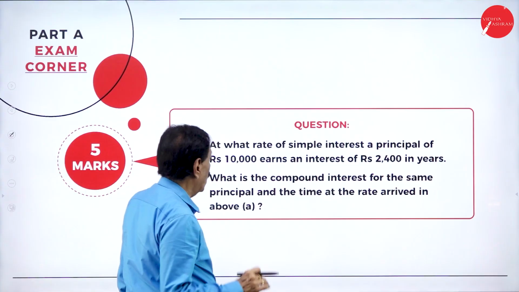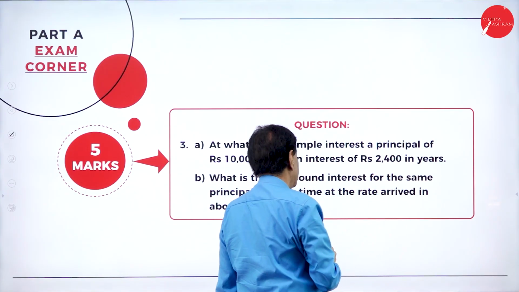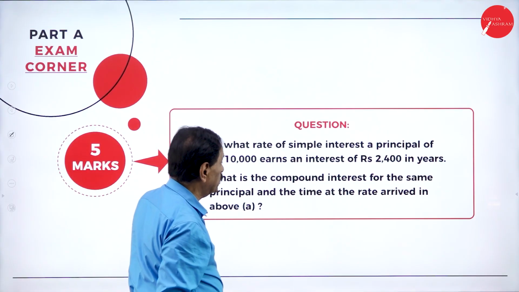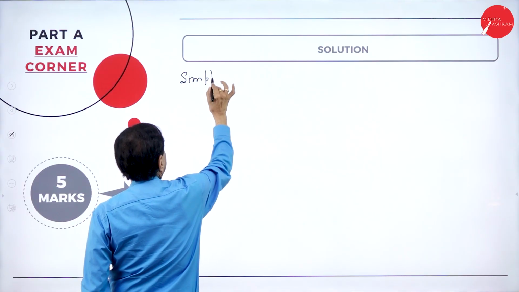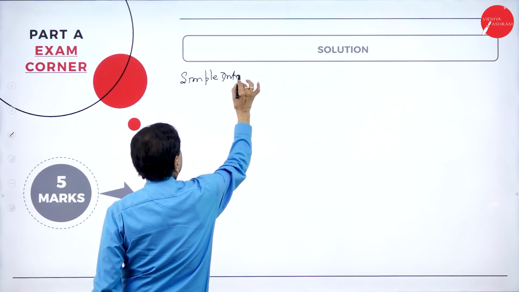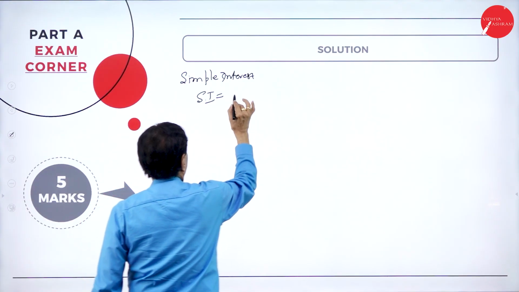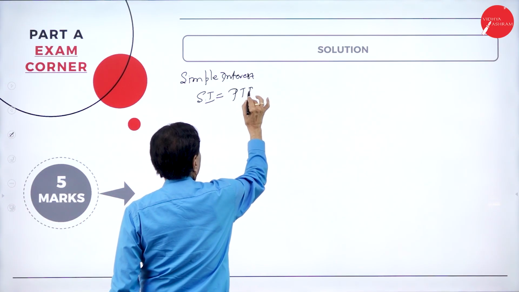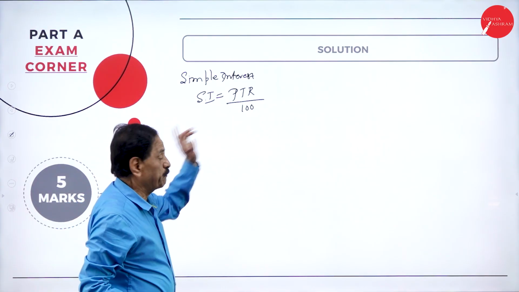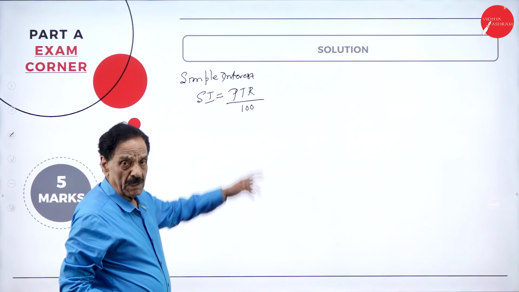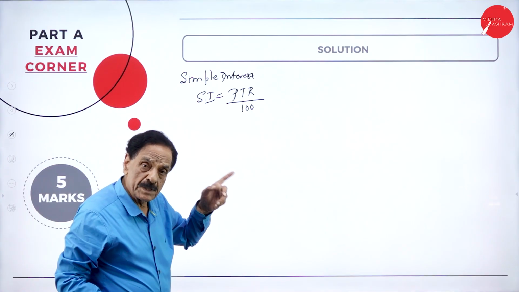At what rate of simple interest does a principal of rupees 10,000 earn an interest of rupees 2,400 in 3 years? Simple interest: SI is equal to PTR over 100. What is PTR? P is the principal money, T is the time, R is the rate. SI is PTR over 100. What is P? Principal money.